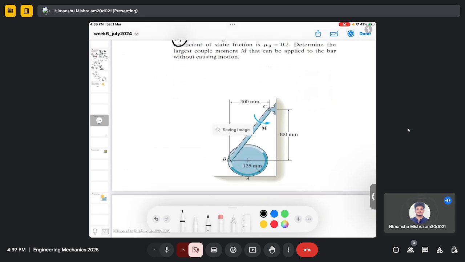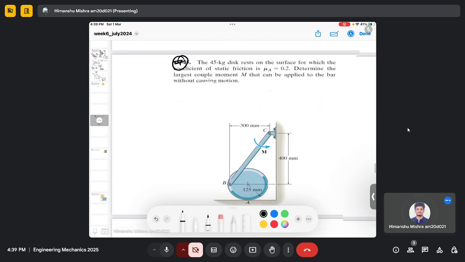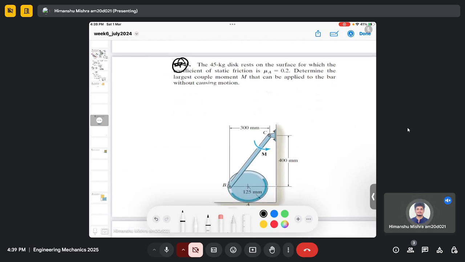So here we are given a 45 kg disk resting on a surface, for which the coefficient of static friction mu A is 0.2. Determine the largest couple moment M that can be applied to the bar without causing motion.